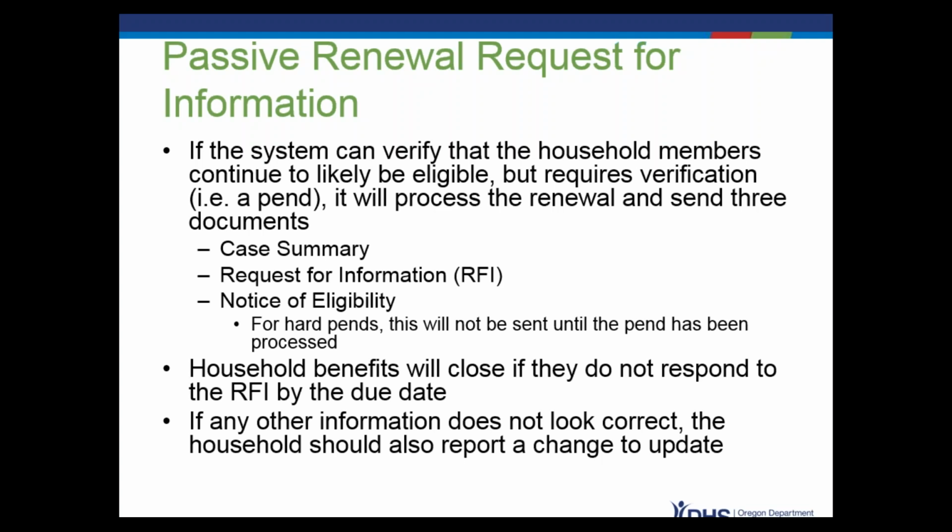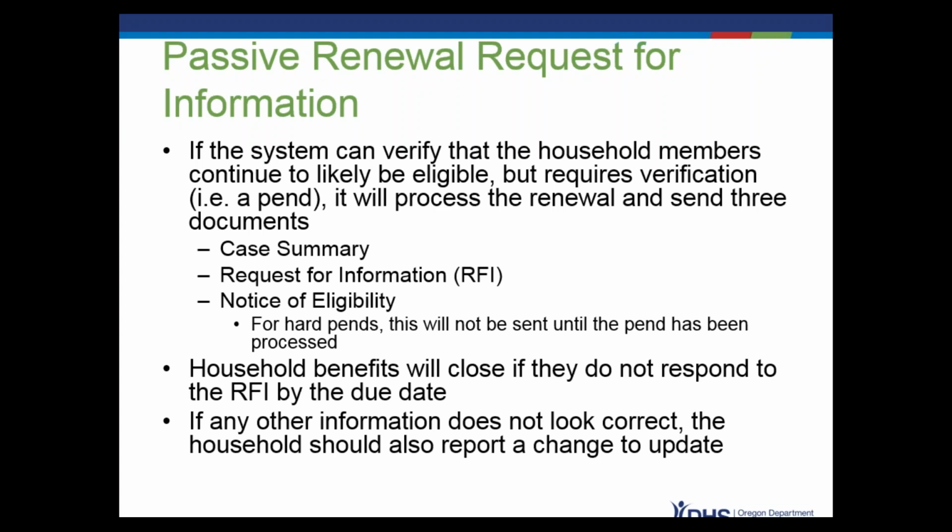If these PENs are any PENs that are not citizenship or immigration PENs, then that notice of eligibility would not be sent until after the request for information has been fully processed. So they'll get those first two documents, and then we will get the information for that request for information, process it, and then send the notice of eligibility.